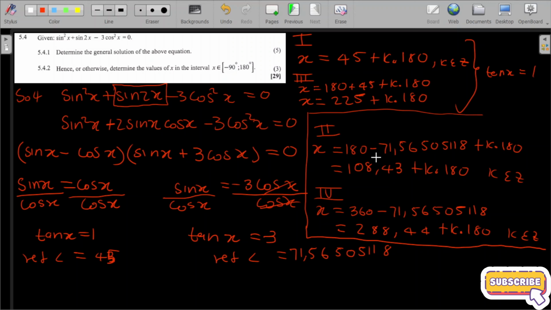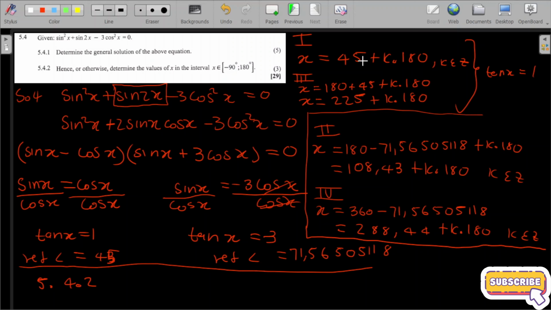I hope everyone understood everything here. Now, in 5.4.2, we are calculating the values of x. Remember, we need to play the guessing game in terms of k.